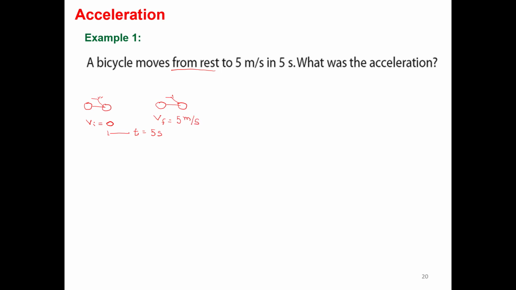And this is what we call final velocity. In this problem, they are not giving the average velocity. They are giving some specific velocities, and we call this instantaneous velocity. This is the velocity at just one particular point.